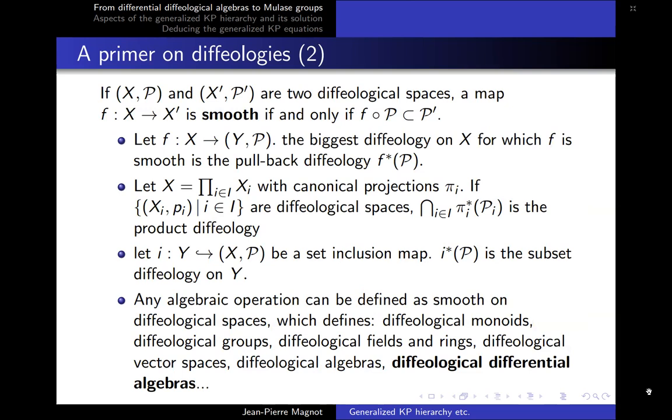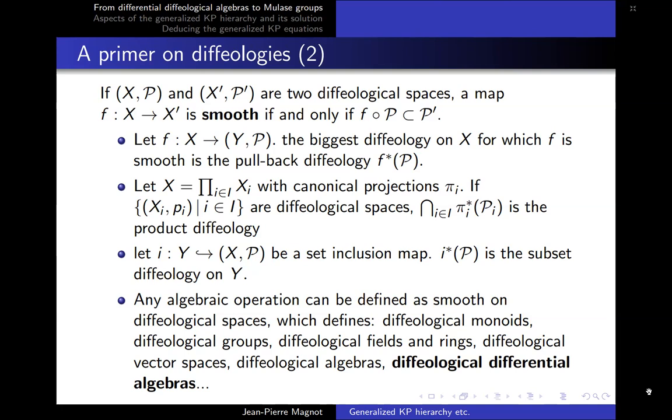First of all, if we consider a map from a diffeological space to another, then it is called smooth if it sends smooth parametrizations to smooth parametrizations. With this, we can define a pullback diffeology, and we can define a diffeology on any finite or infinite product.